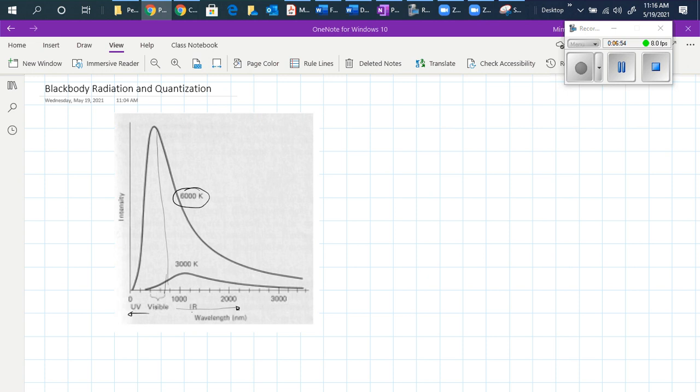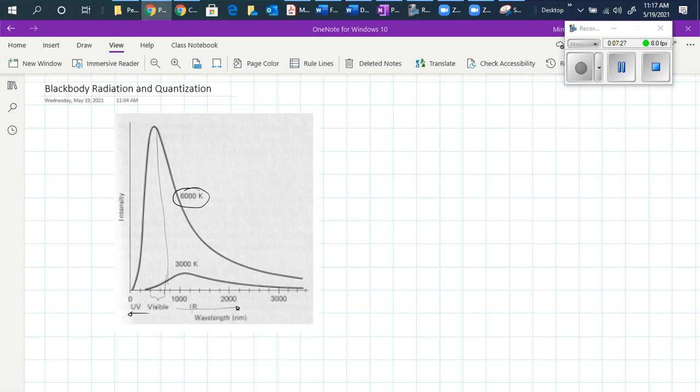In short, heating an object would result in an infinite amount of gamma radiation being produced. This prediction was called the ultraviolet catastrophe, and it was obviously not true.